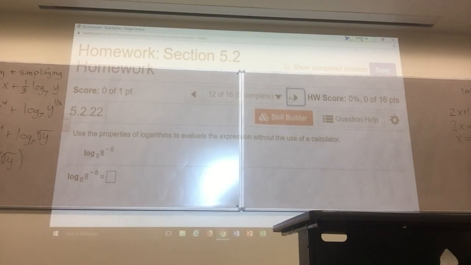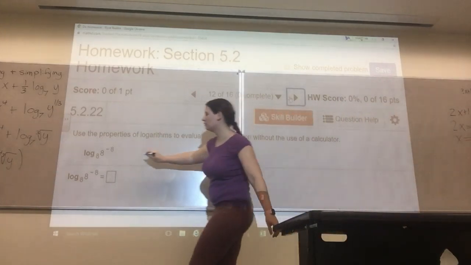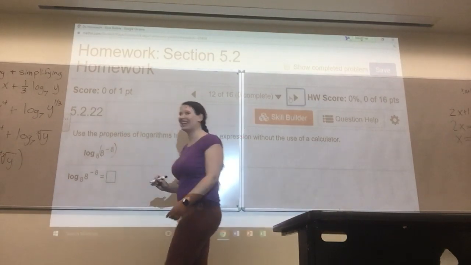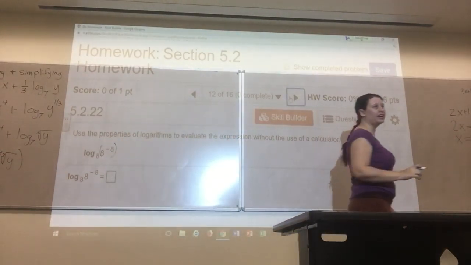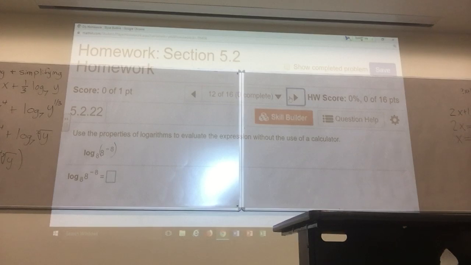Like that, so it's log base 8 of 8 to the negative 8. So log base 8 and the 8 as the base inside cancel to leave you just with the exponent of negative 8.